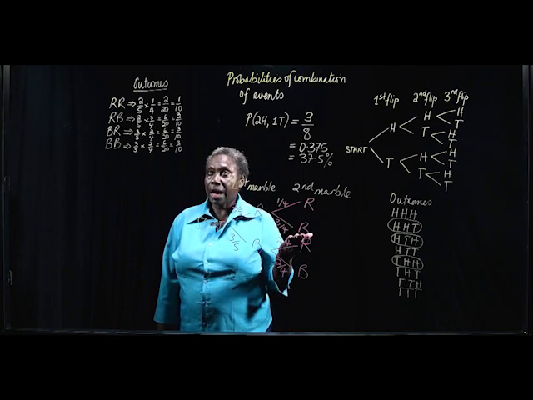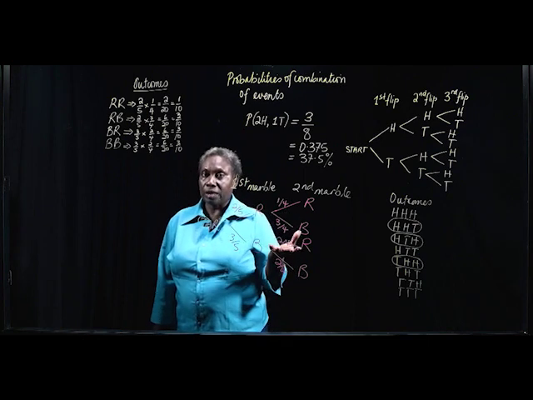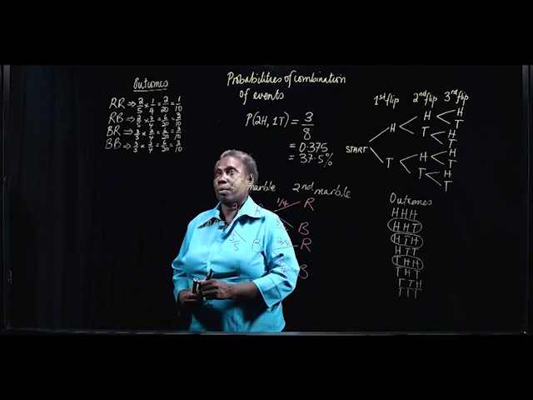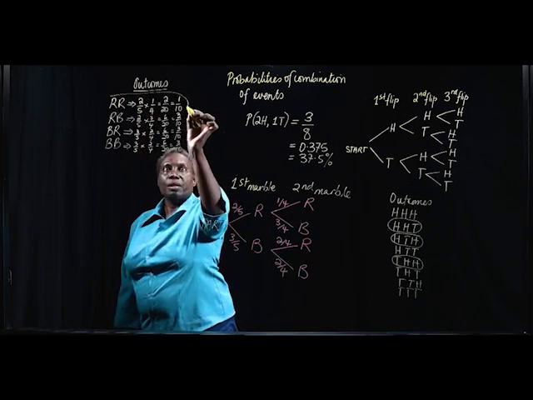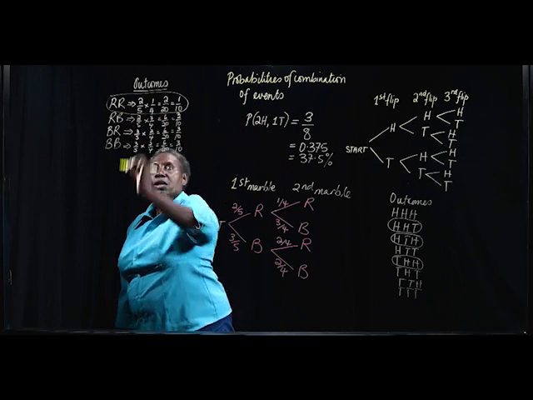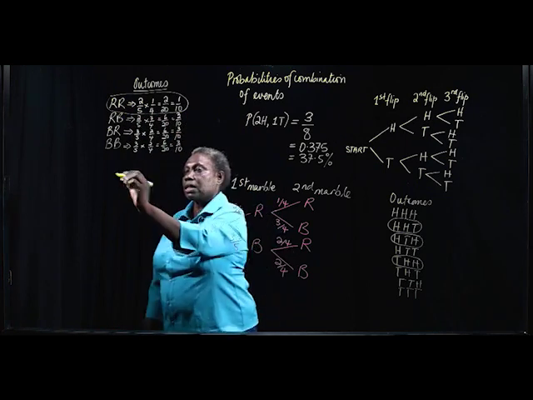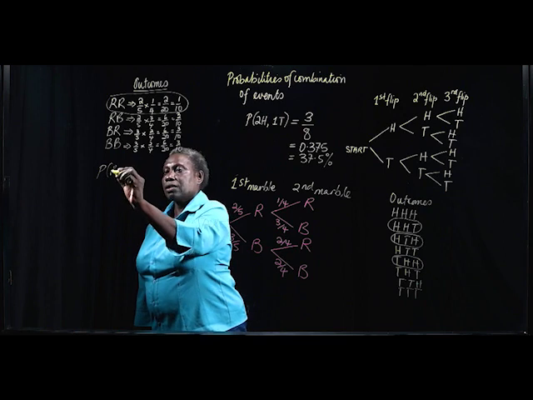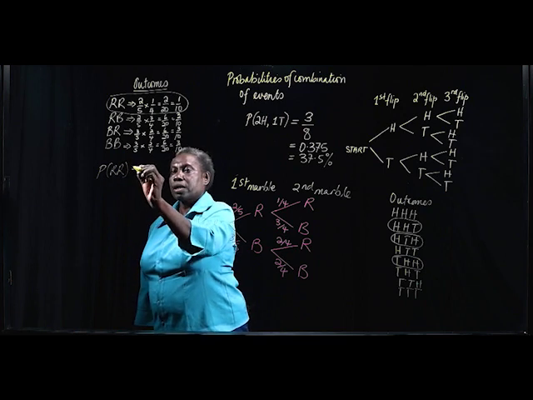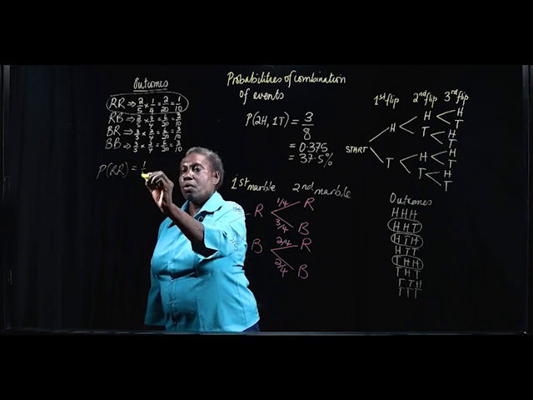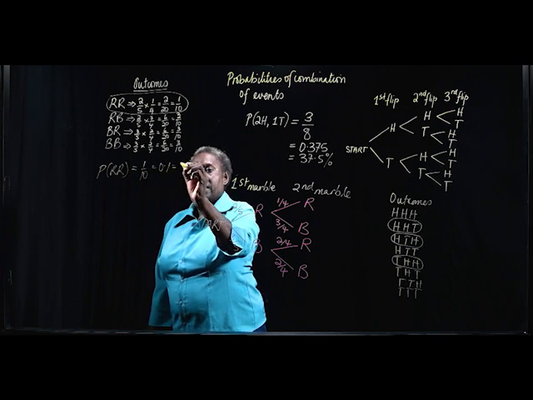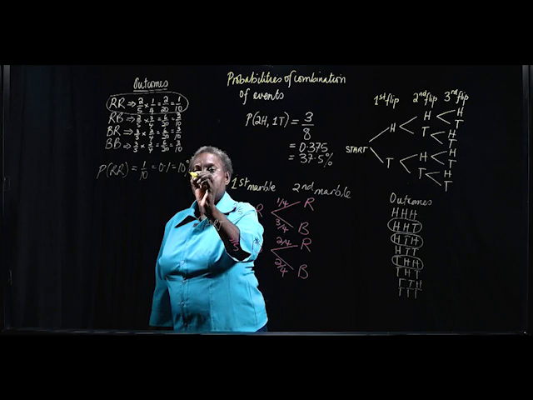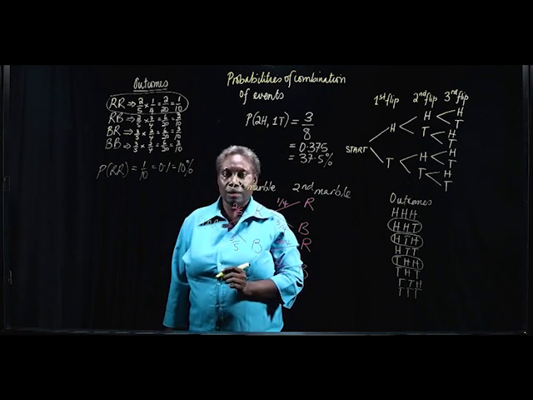Now, the probability that I have is selecting 2 red marbles. If I am to find out what the probability is of selecting 2 red marbles, my probability will be from this one here. So, the probability of getting 2 red marbles will be equal to 1/10, which is 0.1, and as a percentage, that is 10%.